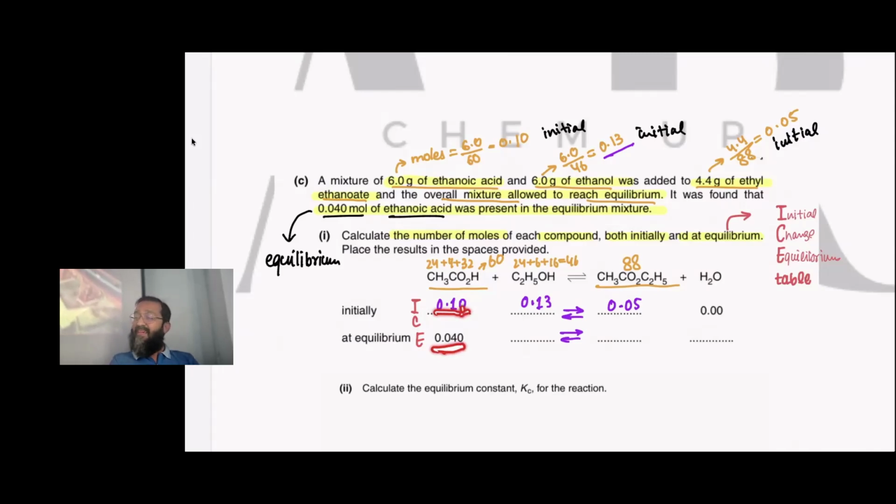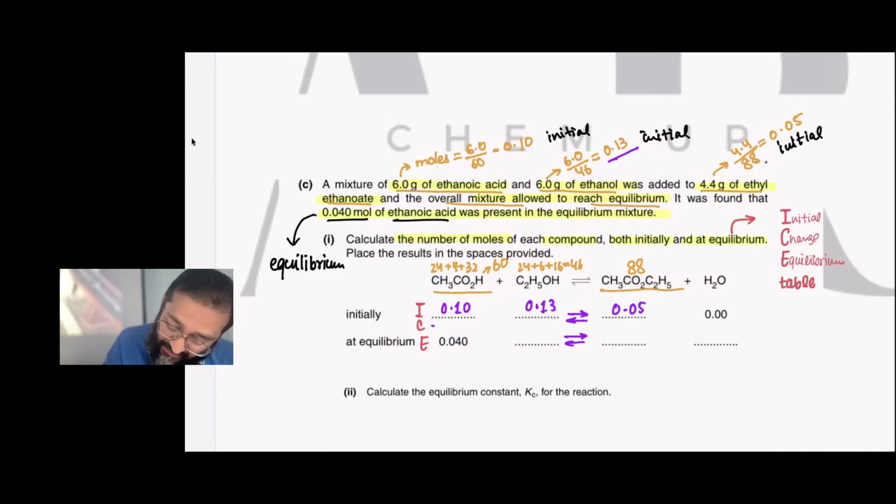So it means it is used up, because it was 0.1 and now it is 0.04. So how much of this has been used up? 0.06 moles of this has been used up.